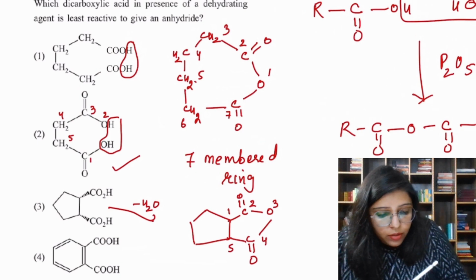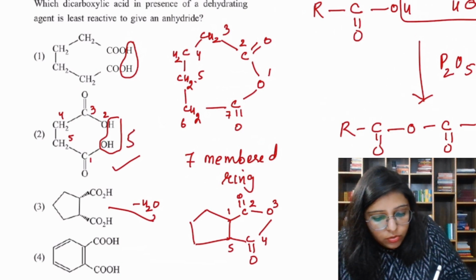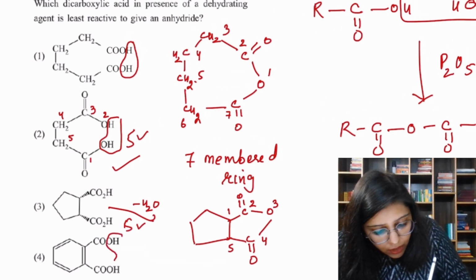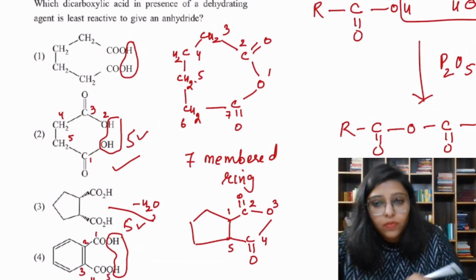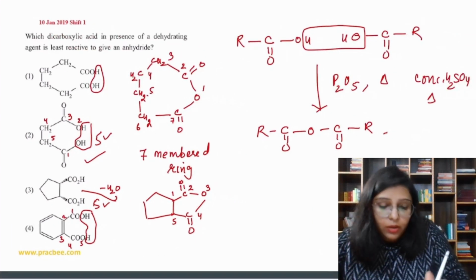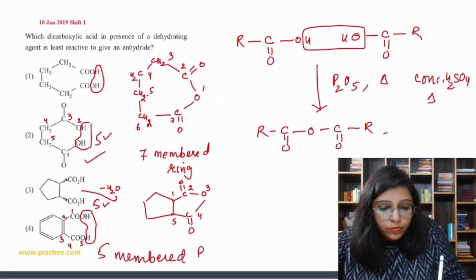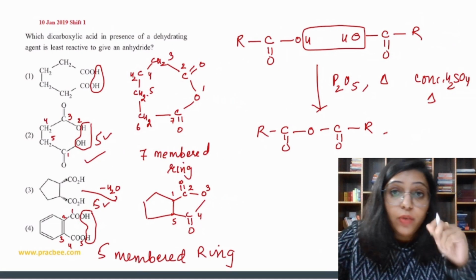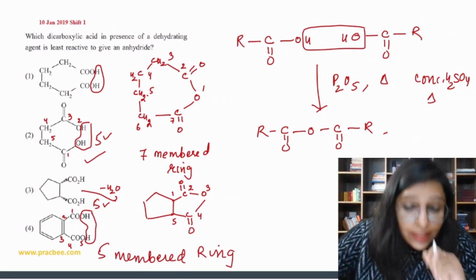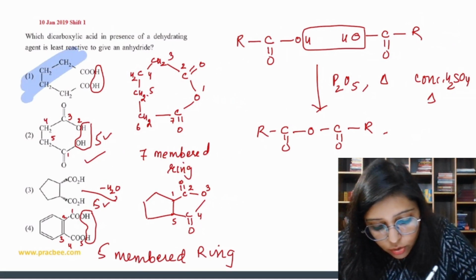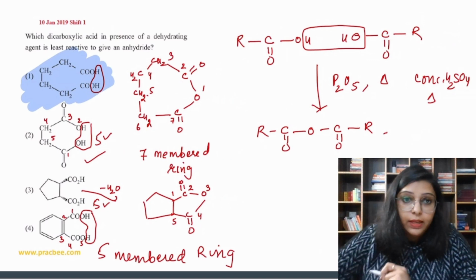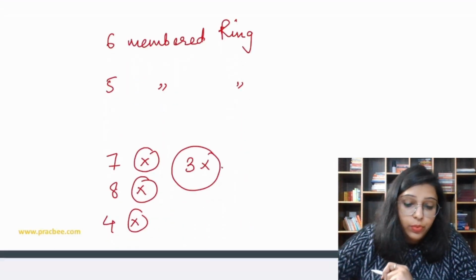So a 5-membered ring is possible. So which of the following dicarboxylic acids is least reactive to give anhydride? That is option number 1. Clear?